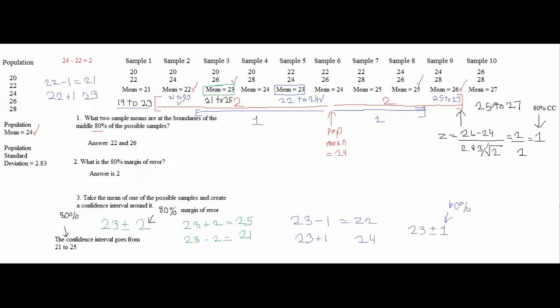Notice how when you subtract on top, you get 2. So the top of the formula up here gives us our margin of error of 2. The margin of error is just 26 at the upper boundary minus the population mean of 24. So that is the 80% margin of error.